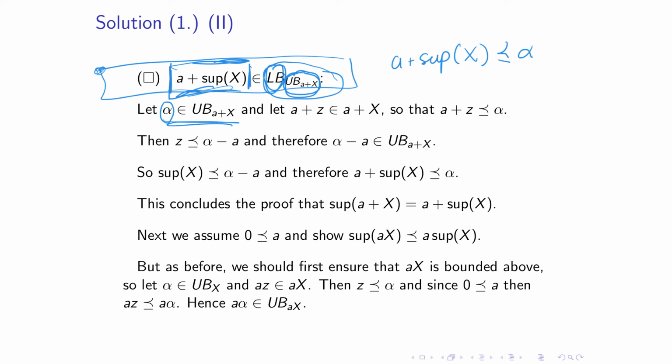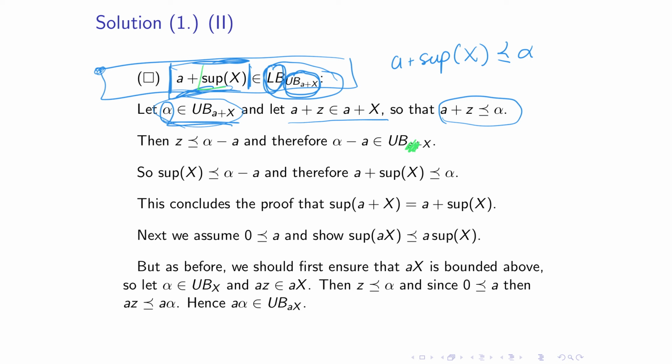Well, certainly we're going to need to use information about alpha. So if we pick any element a plus z out of the set a plus x, then because alpha is an upper bound on a plus x, that means alpha is bigger than a plus z. Now, where are we going from here?